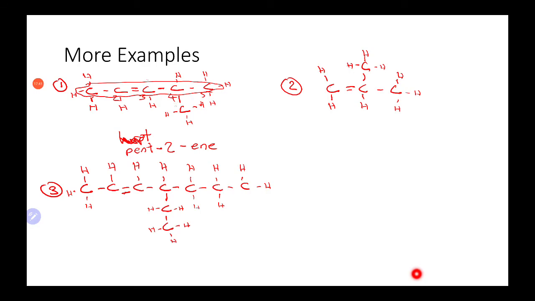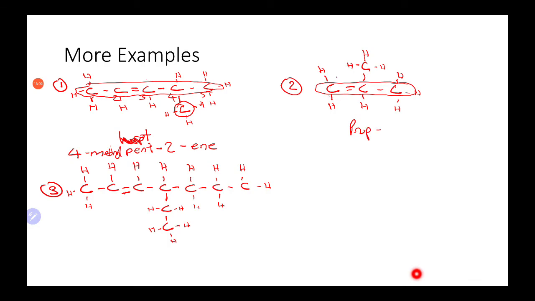Where's our branch and what type of branch is it? It's 1 carbon long, so it's a methyl branch. On carbon 4, that's 4-methyl pent-2-ene. Number 2, let's have a look at it. Well, the longest chain here containing the double bond is 3 carbons long, so that's prop.